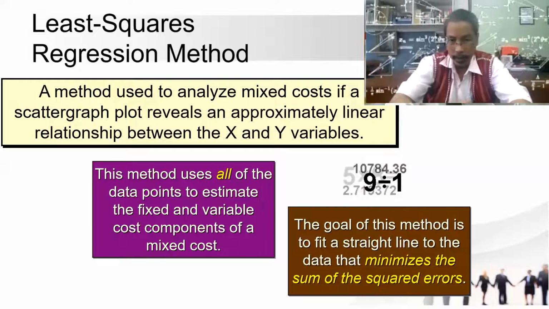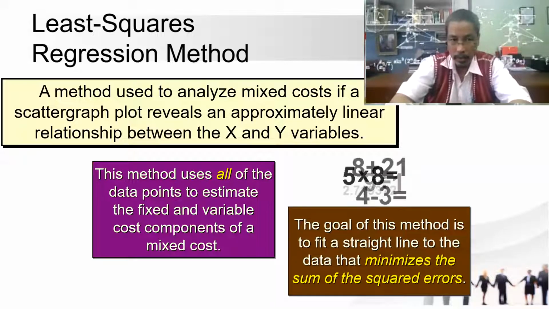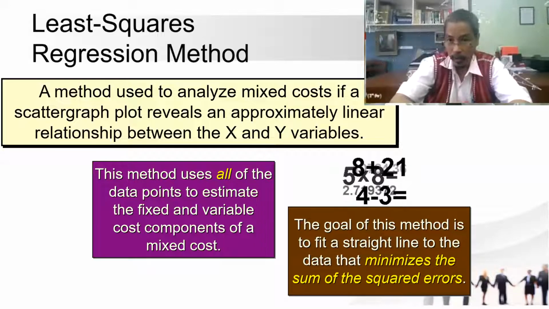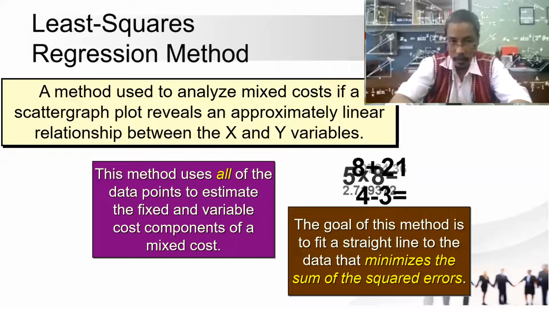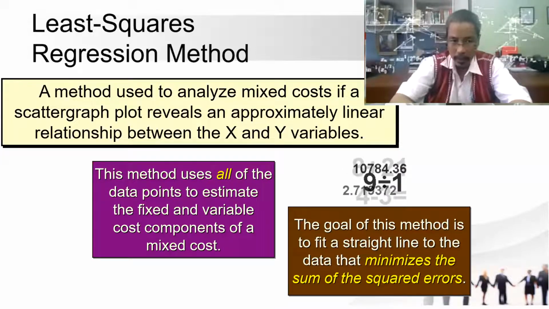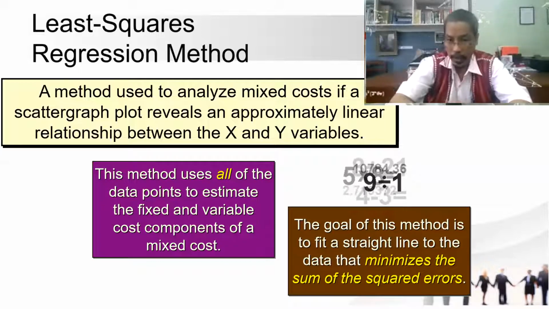So we have another method, what we call the least squares method, least squares regression method. What we have just learned is what we call the high-low method. This one is the least squares regression method, a method used to analyze mixed cost if a scatter plot reveals an approximately linear relationship between x and y.